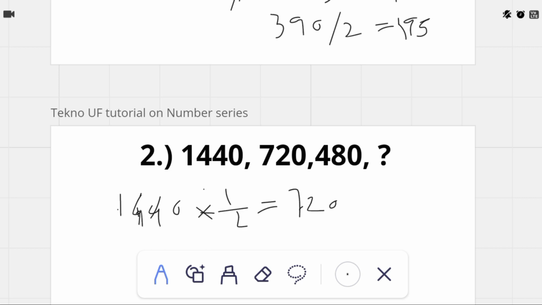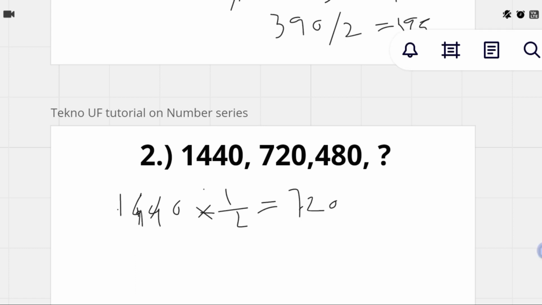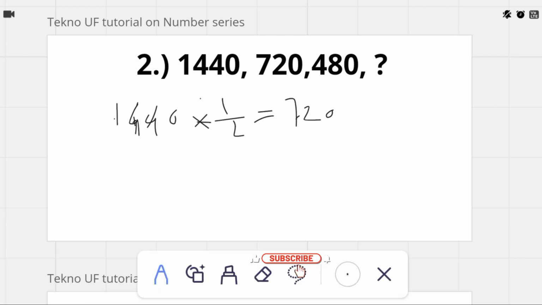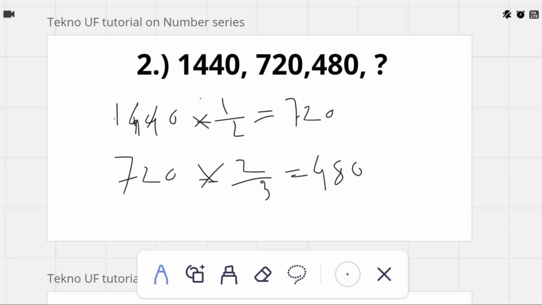And if you again multiply this number 720 with 2 by 3, then you will get 480. Just calculate it. 324s are 72, then 240 into 2 is equal to 480.